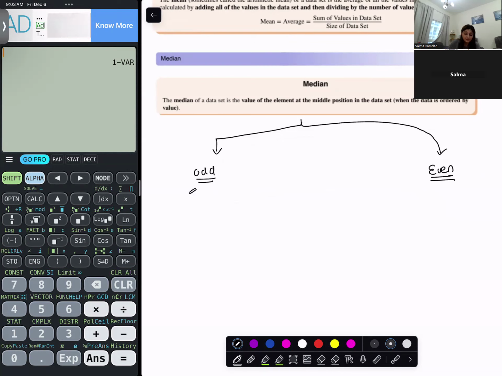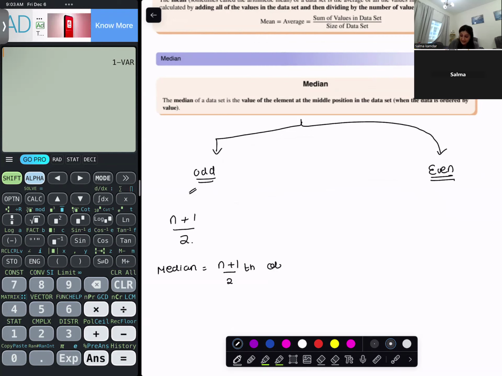Whatever is the size of my data set, that is n, I will add 1 to it and I will divide it by 2. So median would be the size of the data set plus 1 divided by 2, that number of observation.